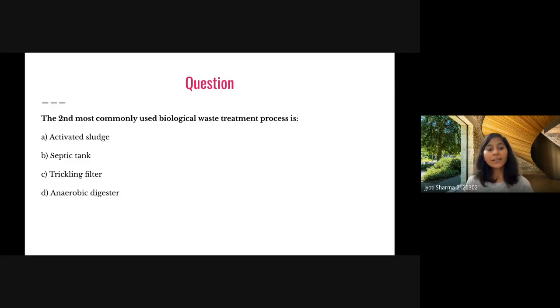Which one is the second most commonly used biological waste treatment process? Okay, Priscilla gave me C as the answer. Yes, obviously we are talking about trickling filter. After the activated sludge process, the trickling filter method is the second most used method to remove the BOD of your wastewater.